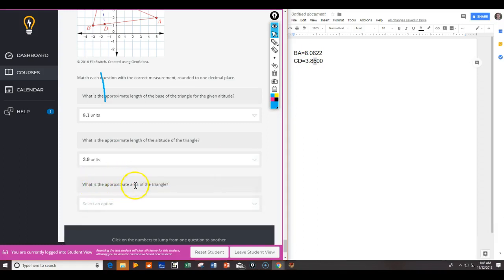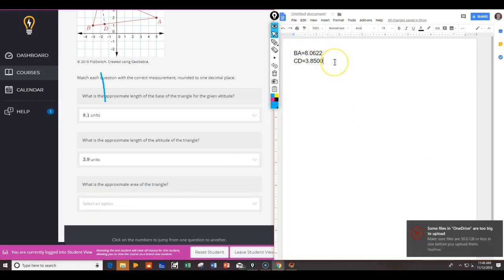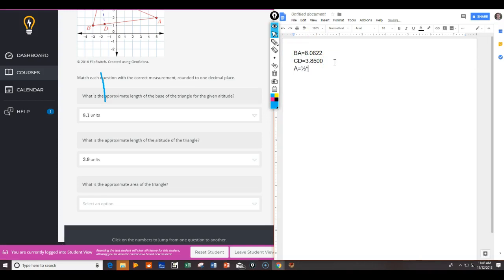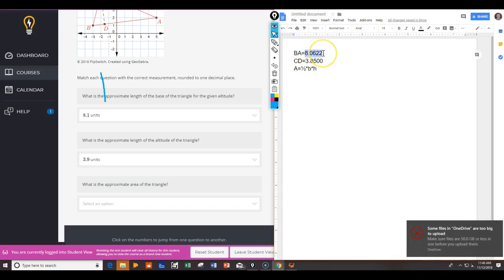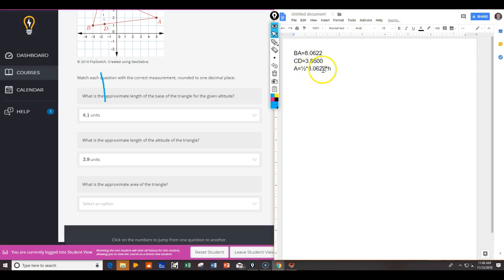Now they want to know what is the approximate area of the triangle. The area of a triangle is equal to 1/2 times its base times its height. Now we figured out what its base was. It is 8.0622. And its height is the altitude, so that's 3.8500.